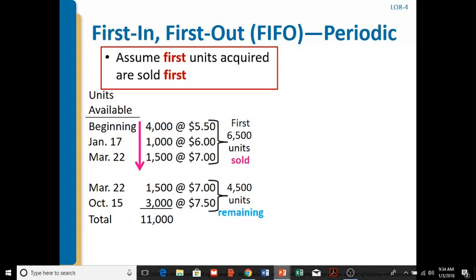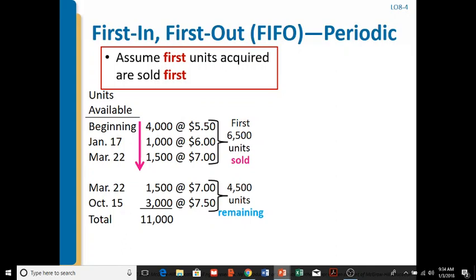Now here, the total number of items sold is 6,500. So we start with our beginning inventory. The first items acquired are in beginning inventory. We only have 4,000 in beginning inventory, so we're going to have to go to that next layer, which is the 1,000 at $6.